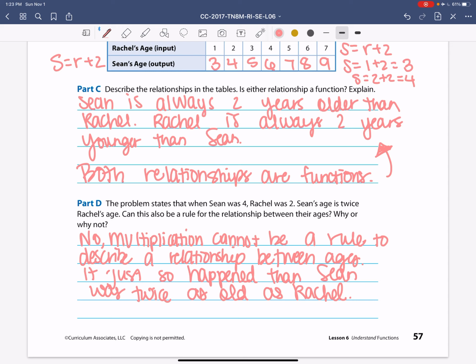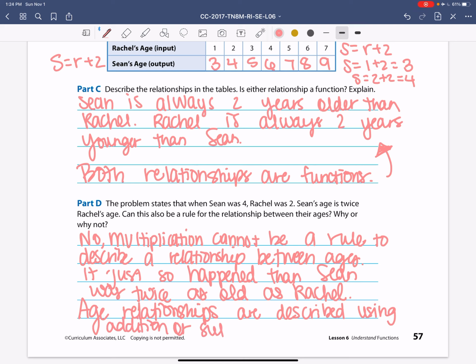Age relationships are described using addition or subtraction, and that's all you really need to know here. Okay. And that is all for day 3.